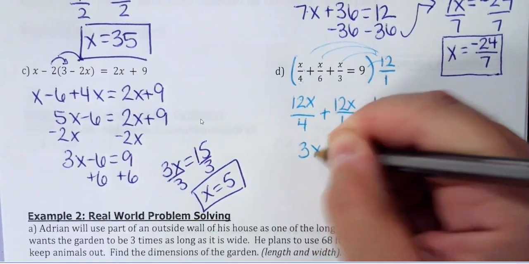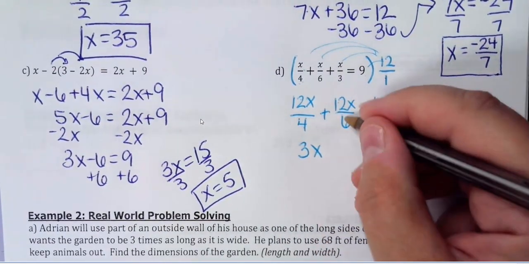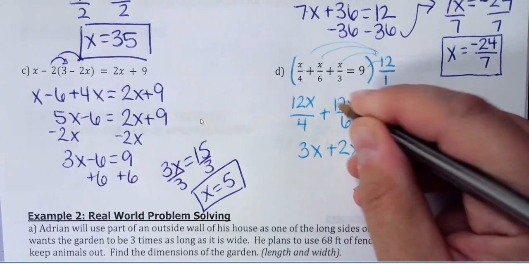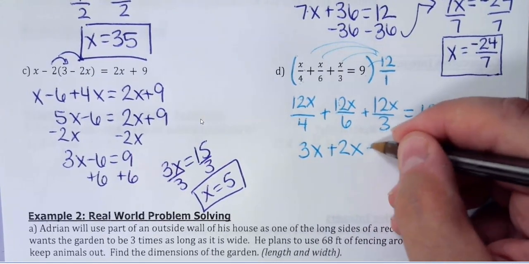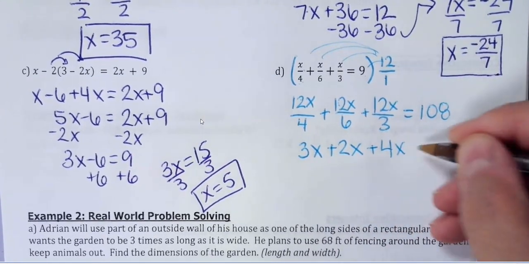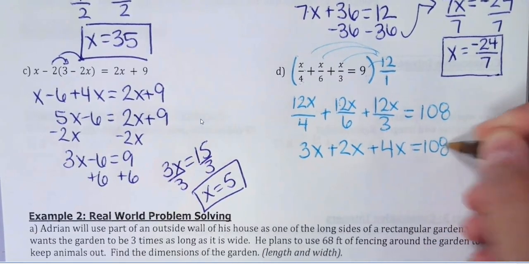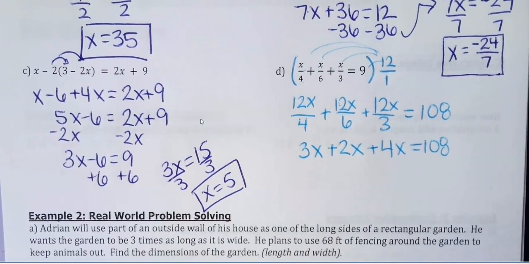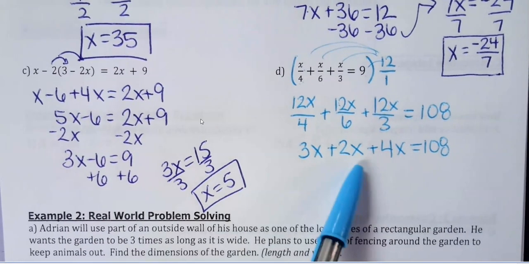That's going to give me 3 with the x. 12 divided by 6, that's going to give me 2 with that x. And 12 divided by 3, that's going to give me 4 with that x. And now I don't even have a fraction at all. And I don't have to worry about that because I think sometimes that throws people off a little bit. So you can easily get rid of fractions. Just multiply every single term on both sides of your equation by something all those denominators will go into, and you'll be good. And then this becomes a lot simpler than what we just had.